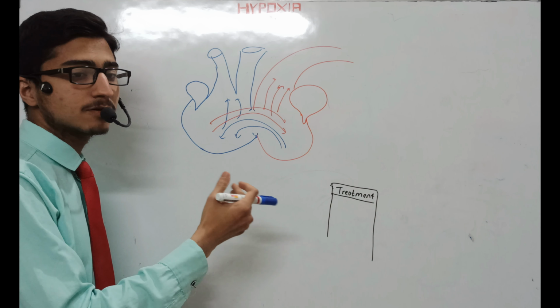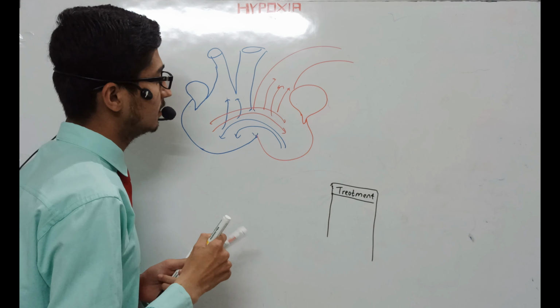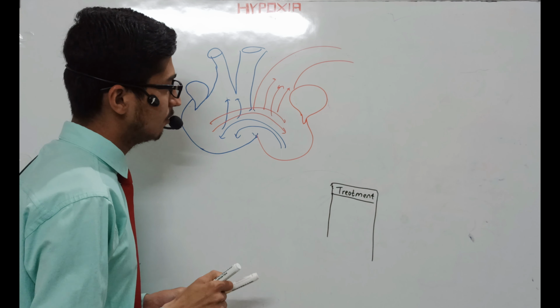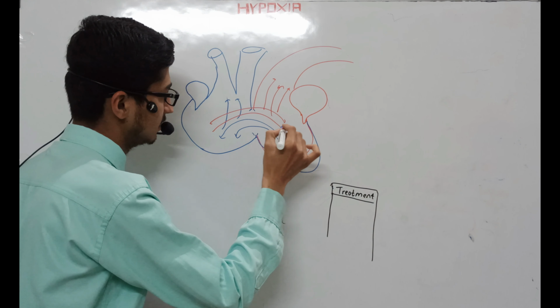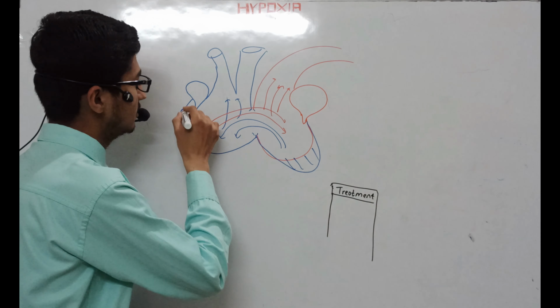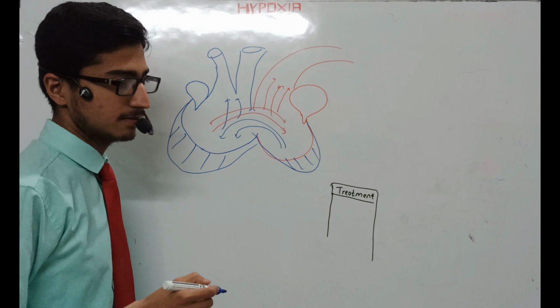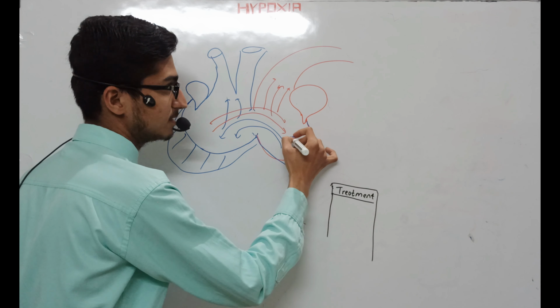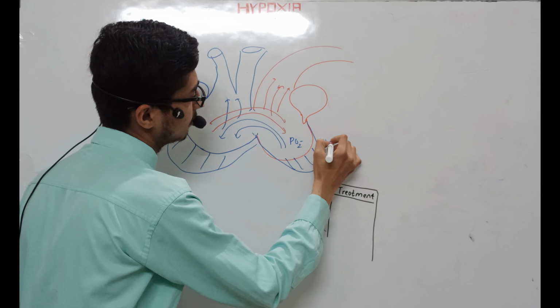But as this occurs opposite to the normal functioning, it will result in hypertrophy of both ventricular walls, that is, hypertrophy occurs in the left ventricular wall as well as the right ventricular wall. Now what happens here? Let's suppose the partial pressure of oxygen here is about 100 millimeters of mercury.